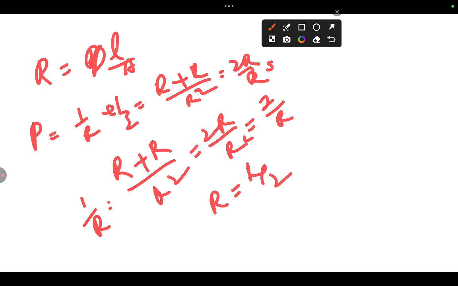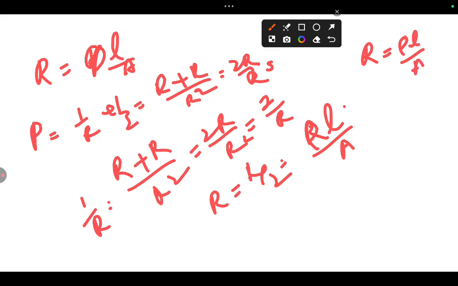Am I right? What is R? R means rho L by A, so R equivalent equals rho L by 2A. Okay, clear? This is for the parallel combination between X and Y.